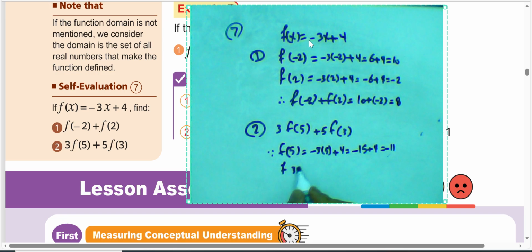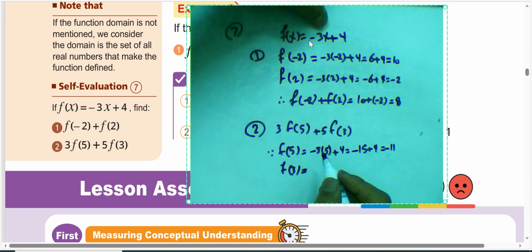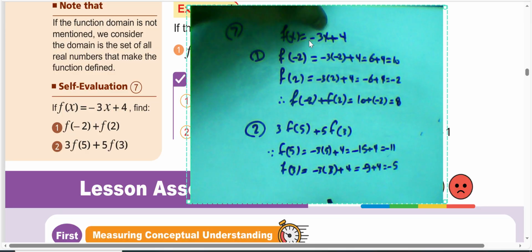And f of 3, with the value of x equal 3, we have negative 3 times 3 plus 4. Negative 3 times 3 will be negative 9, plus 4 is negative 5.